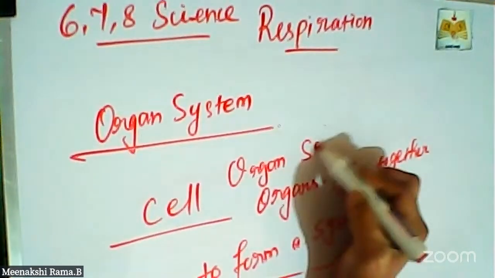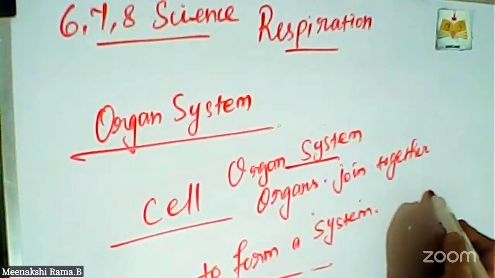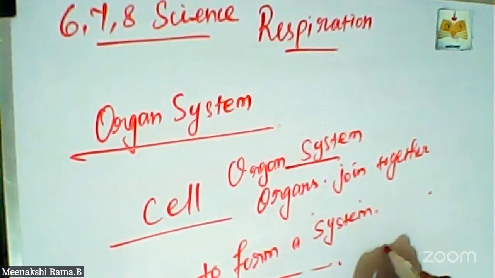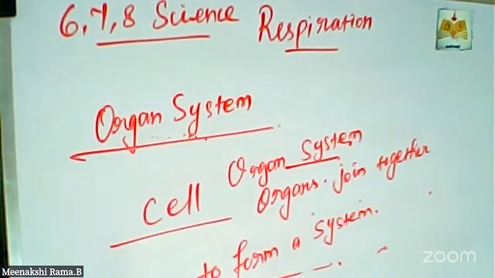What does organ system mean? Different numbers of organs are joined together to form a system. That is called an organ system. Like the respiratory system, digestive system, circulatory system, excretory system. These are the different types of organ systems functioning in our body. So what is a respiratory system?